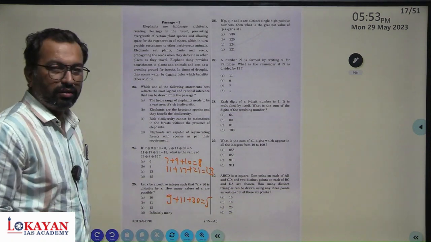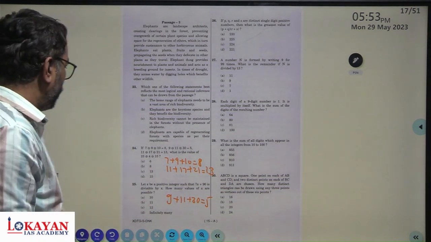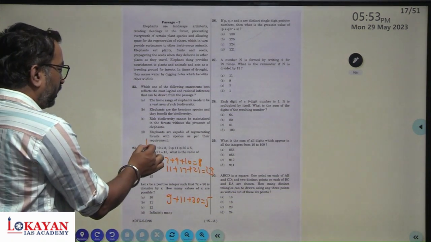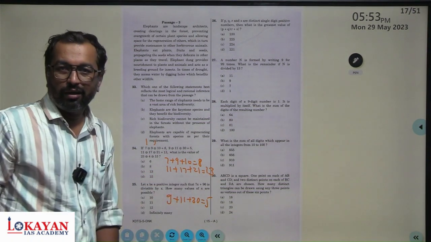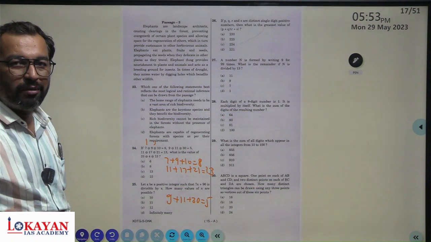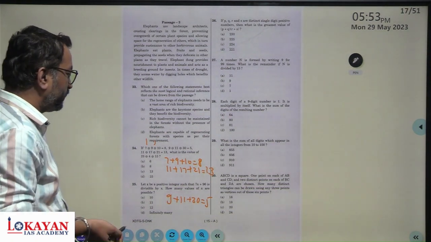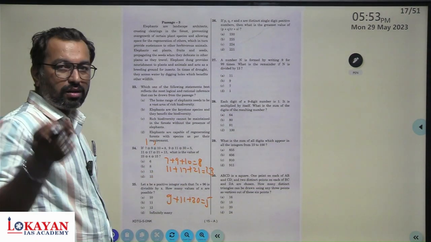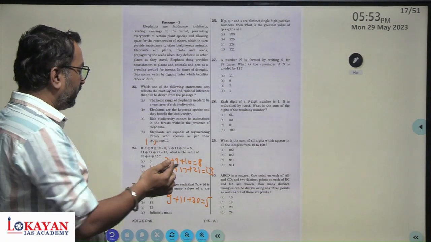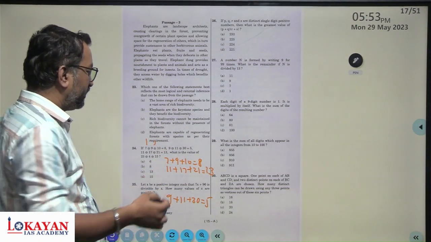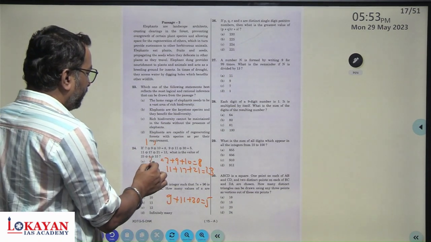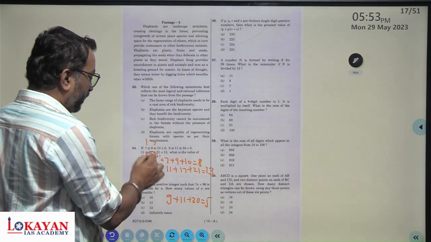Now these codes are used because it is apparent that 7 plus 9 plus 10 cannot be 8. So there must be some twist here. So what is the twist? Let's check. First, your mind must add these numbers. 7 plus 9 will be 16 plus 10, 26. So this addition is actually 26. But they have given 8.